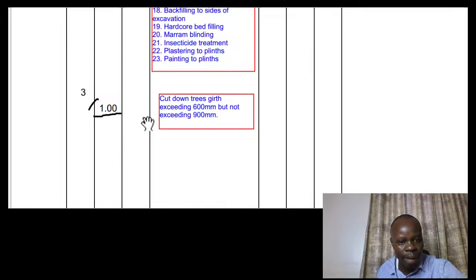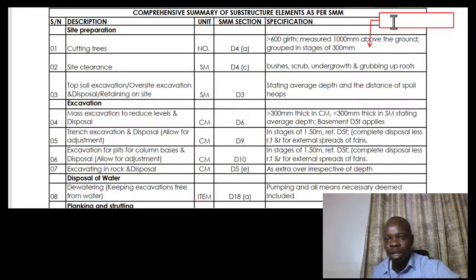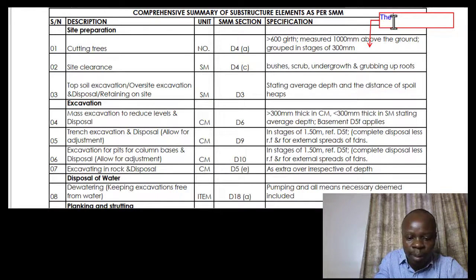That is the dimension, 1 times 3 number, and then you do your description on the side, and they are always measured in stages of 300 millimeters. So this is the rule that is applicable.